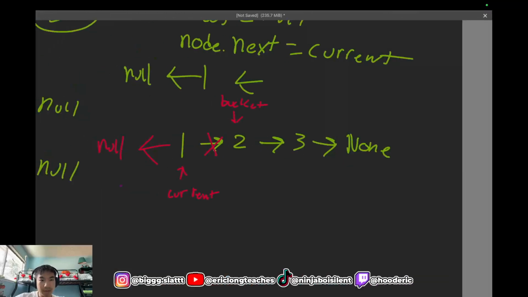Okay, so now that we've done this, we sever this line. We want to form a connection between 2 and 1. How can we do that? We could do previous. So this is previous right now. You want to do previous is equal to current.